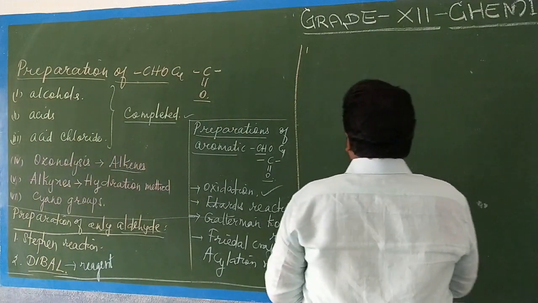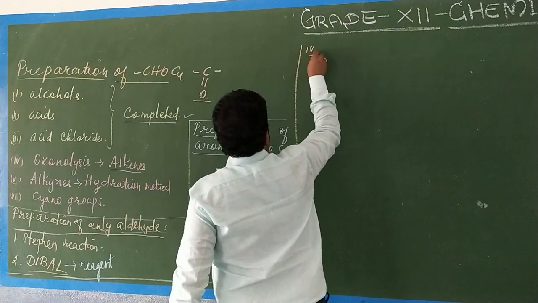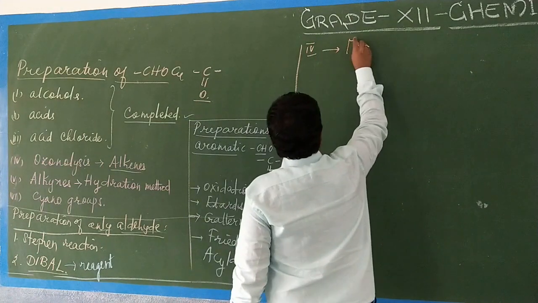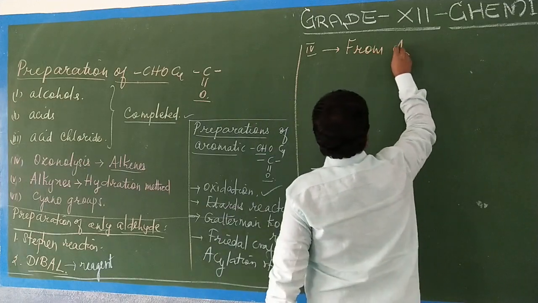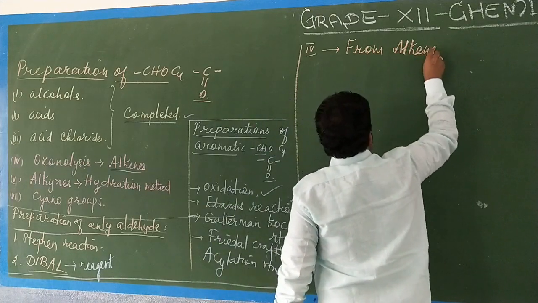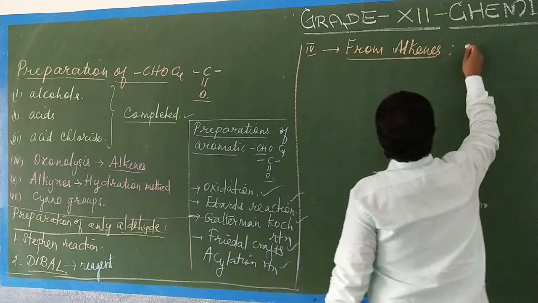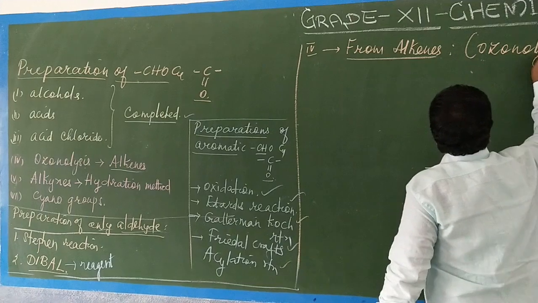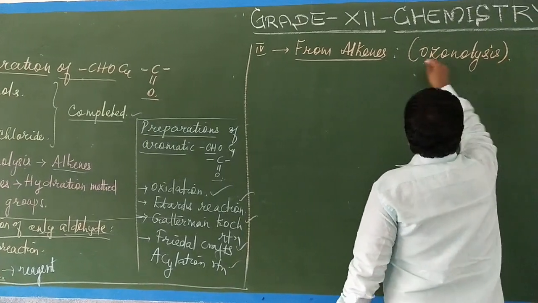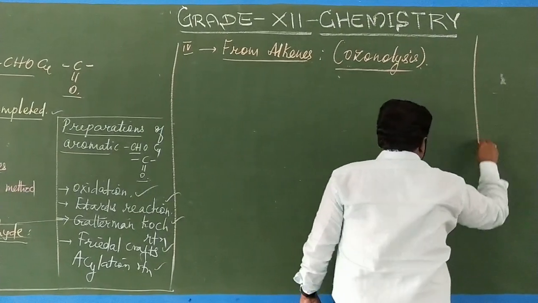So now we will start with reaction number 4, that is from alkenes. It is called the ozonolysis reaction.